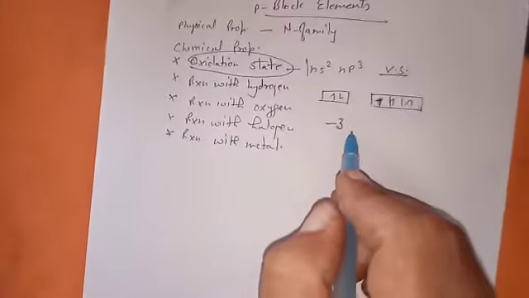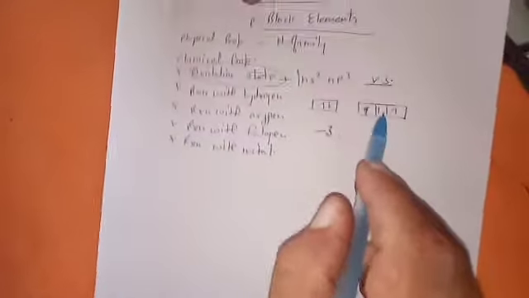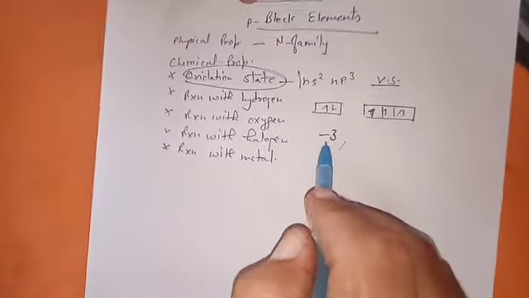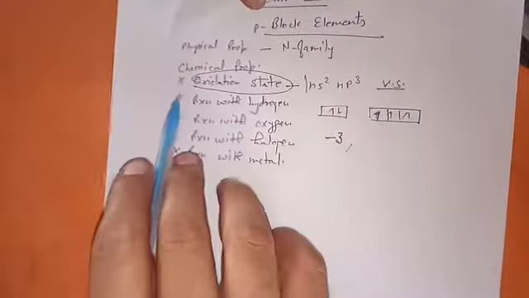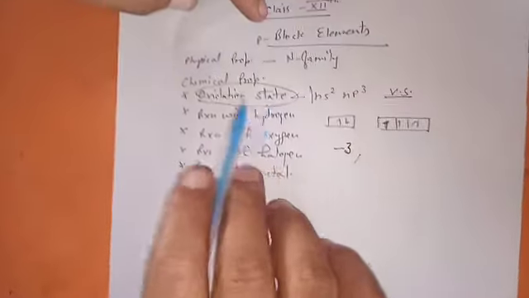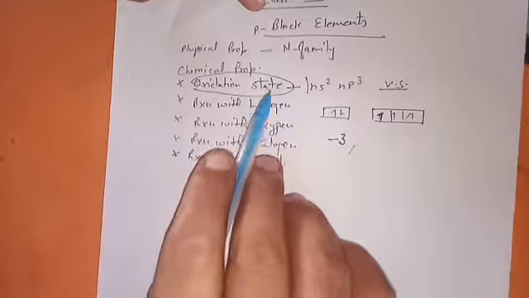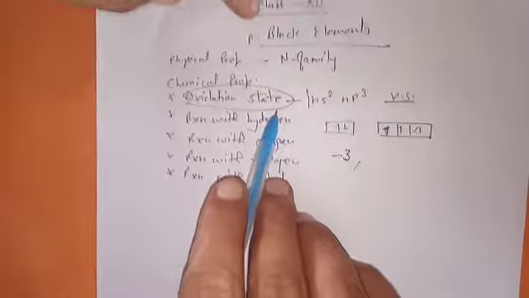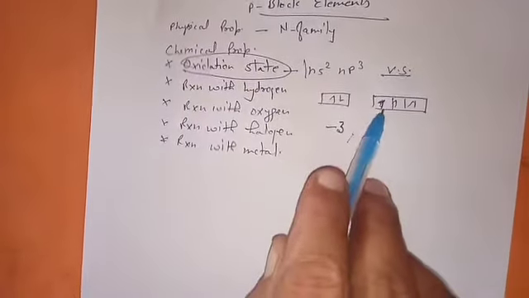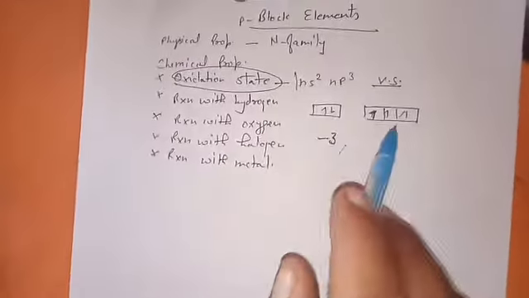Then what will they do further? Only 3 they can gain, that's why -3. What about the losing? We know that nitrogen is a non-metal, but there are more electronegative atoms present in the periodic table, that is oxygen and halogens, particularly fluorine. So in that case it can lose electrons as well.